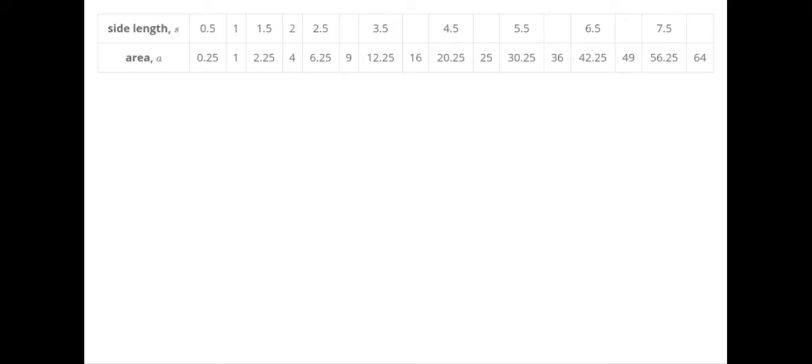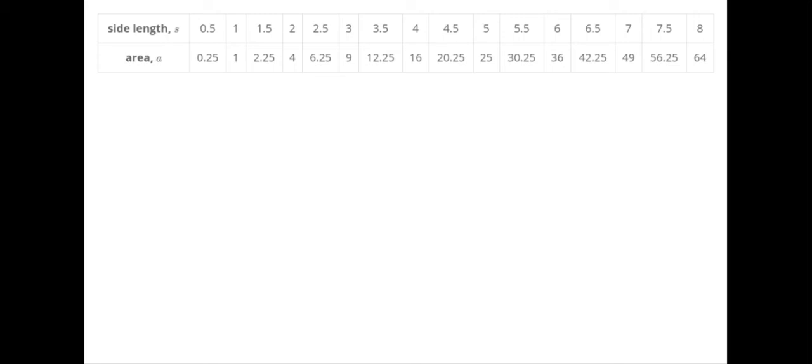So when I'm trying to find the number that was squared to get the area, I'm actually finding the square root of the area. So for the next one, the square root of 9 is 3, because 3 squared is 9. 4 squared is 16. 5 squared is 25. 6 squared is 36. 7 squared is 49. And 8 squared is 64.